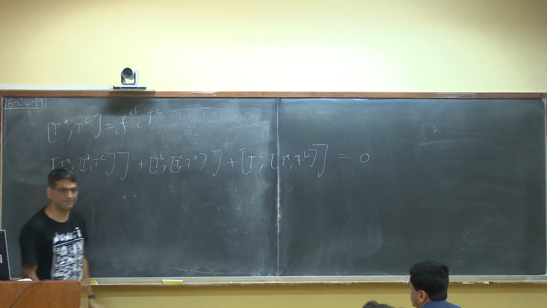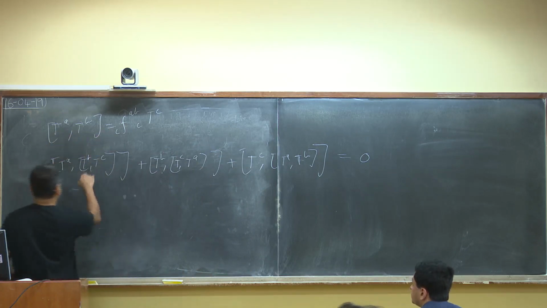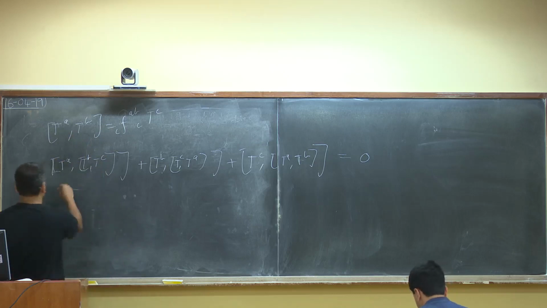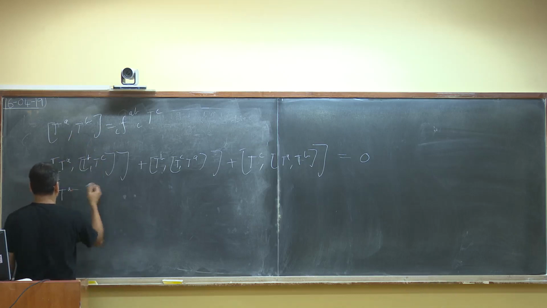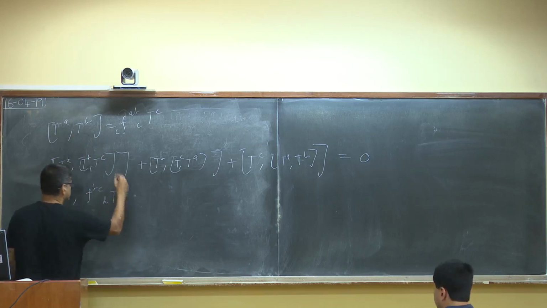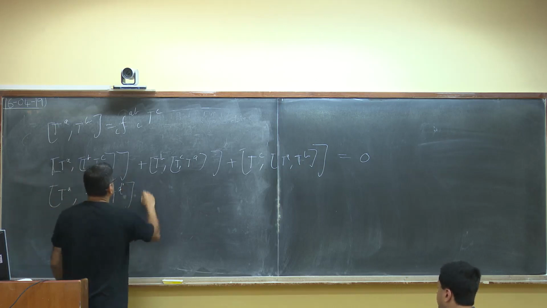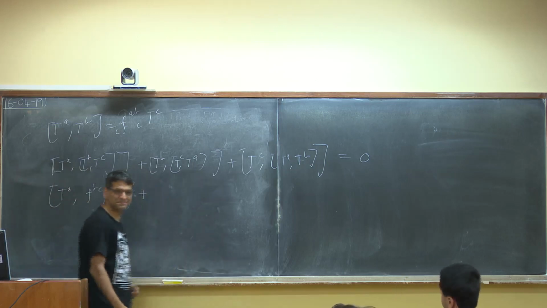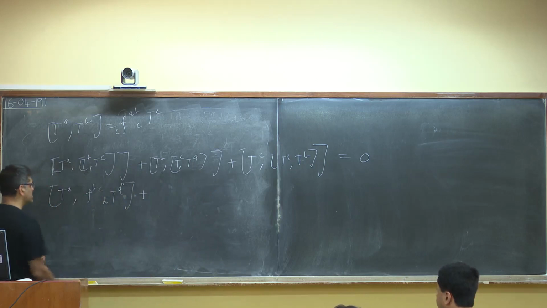but it gets content when we know that the commutator of TA, TB is of this form. Because then we can put this in here. So we get TA with the commutator f_BCD T_D, plus three other terms. Now let's work out what this term was.